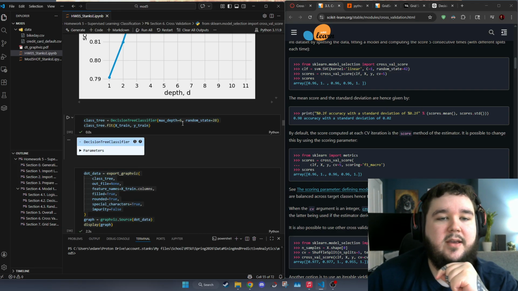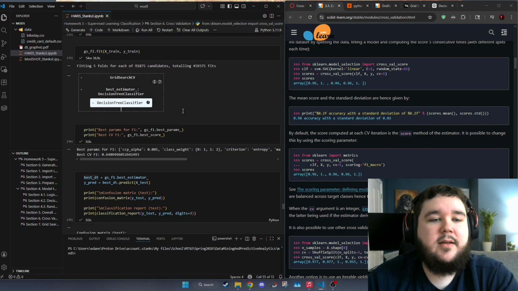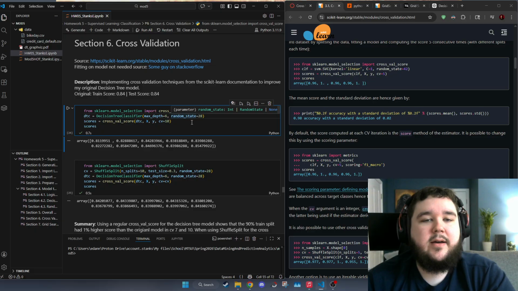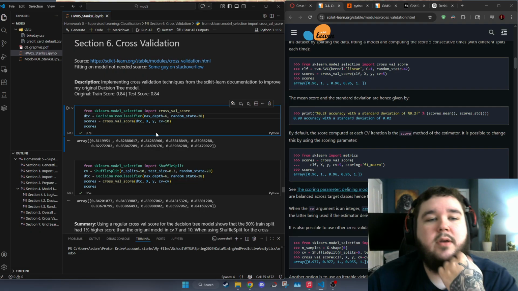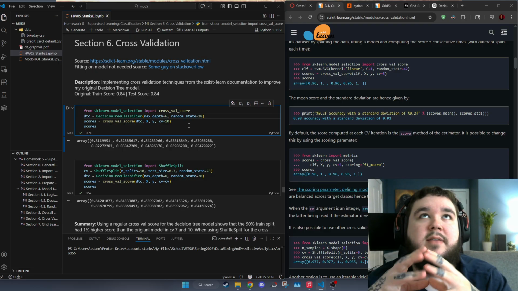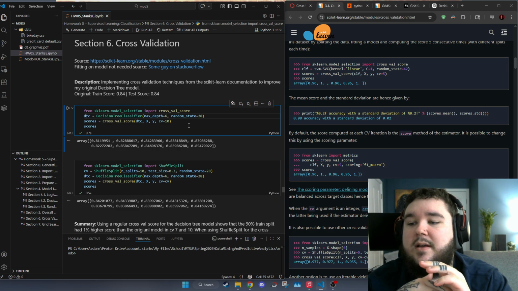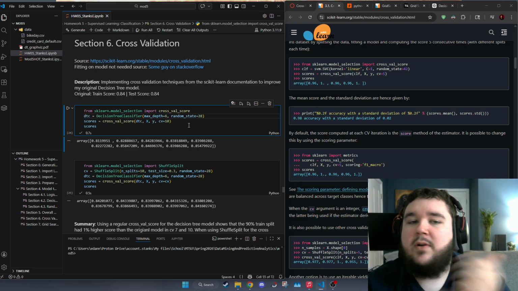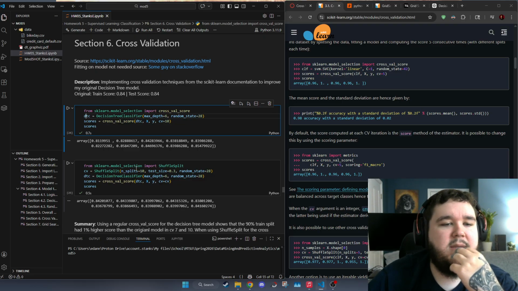So I took this model and down here I remade that model, and I did the cross-validation score with a cross-fold of 10. I think from the StatQuest video I mentioned cross-fold 5, cross-fold 10, so I wanted to try cross-fold 10. That's what I did for each of them.